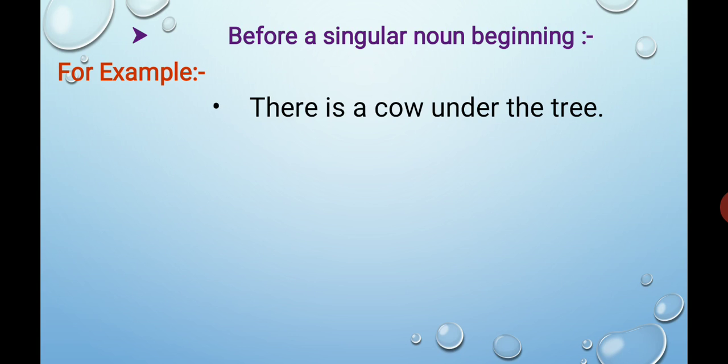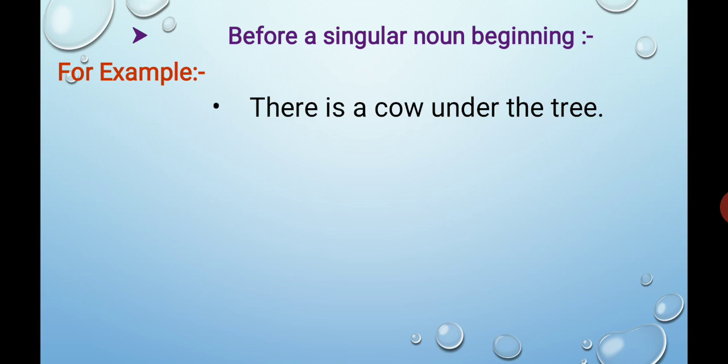There is a cow under the tree. Cow means what? Only cow. If only cow is given here, then what does it mean? It means only one cow. Which article represents the singular form?